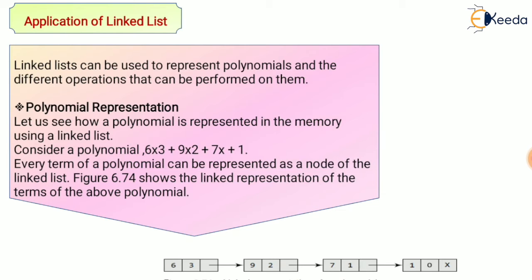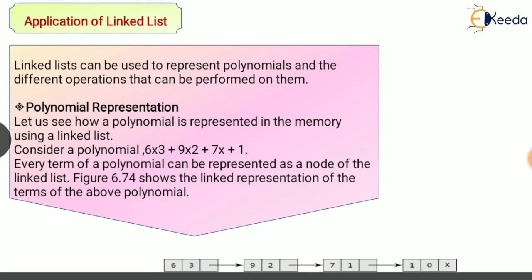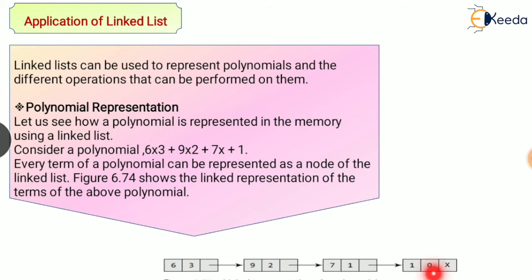Here, if you observe, we are using a linked list. In this linked list we are providing the first part of the expression, that is 6x cube. So 6x cube is represented like this: 6 is the coefficient, 3 is the exponent, and this is the link from one node to another node.